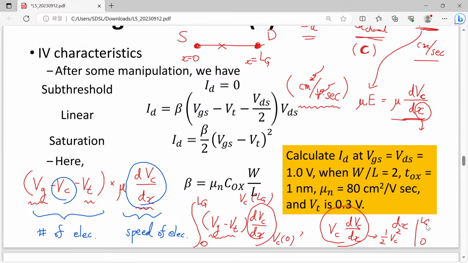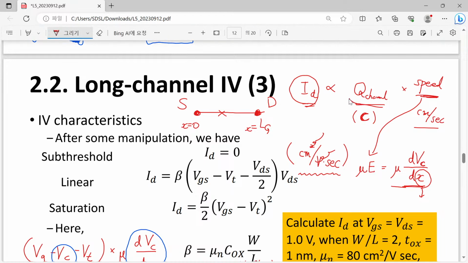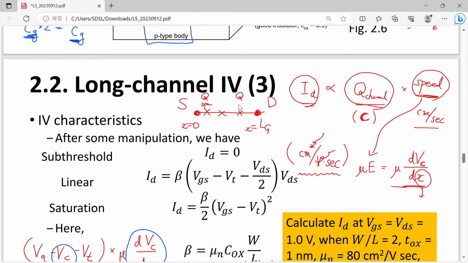Simply speaking, the drain current is given by the channel charge and speed. But everywhere inside this device, since the channel potential is position dependent, each position can have its own channel charge and its own speed. Here we have a different charge density and also a different speed.